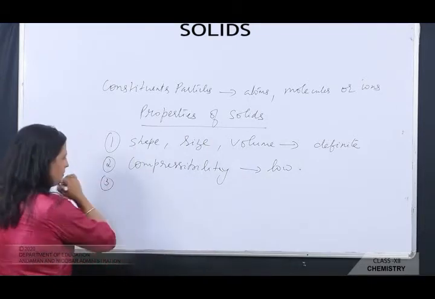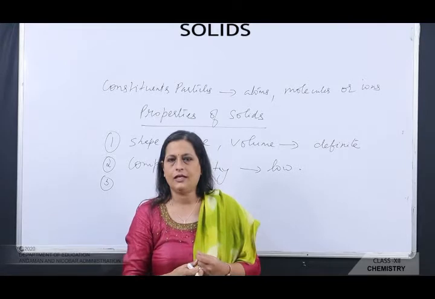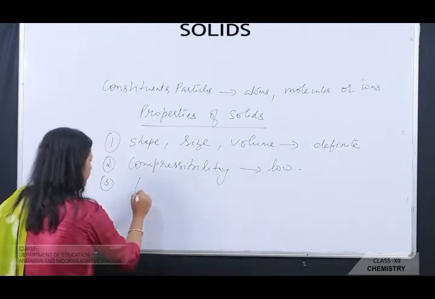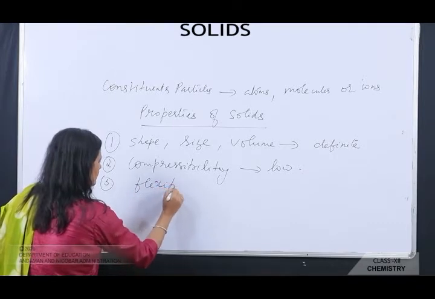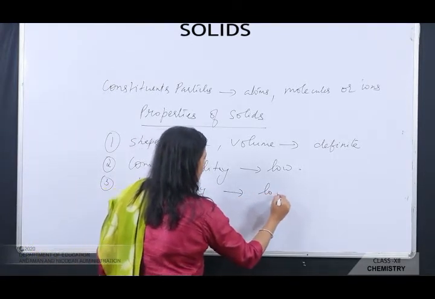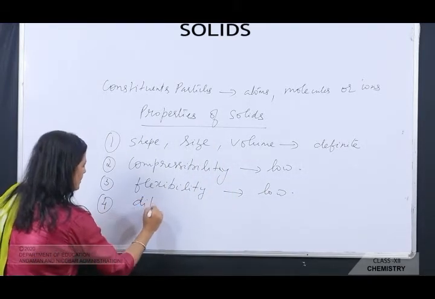Next, third. Can it be flexible? When the intermolecular force of attraction is very strong, it's not possible that solids can be flexible. So flexibility is also low. And the fourth one is diffusion.